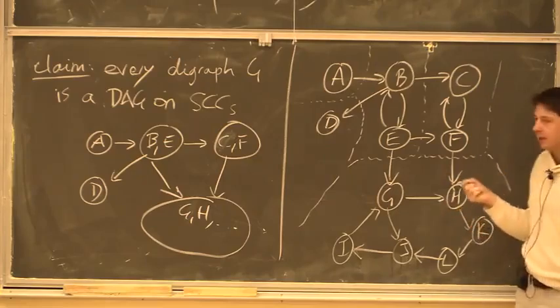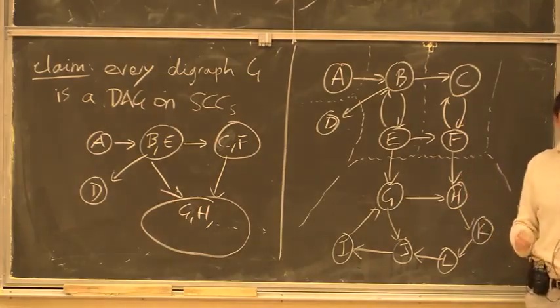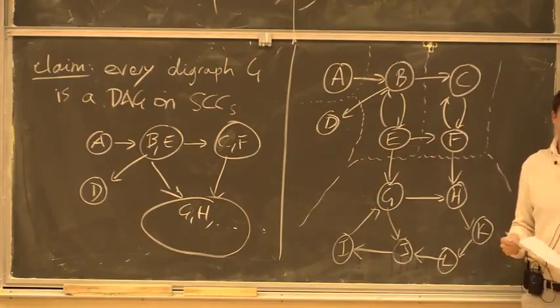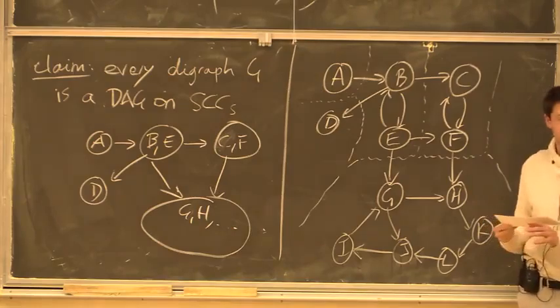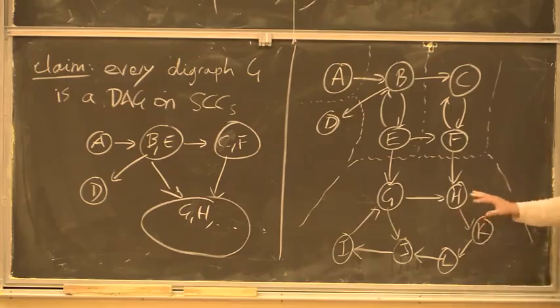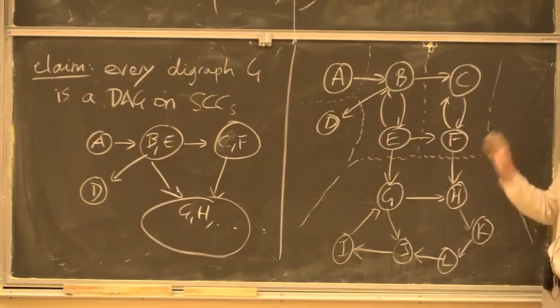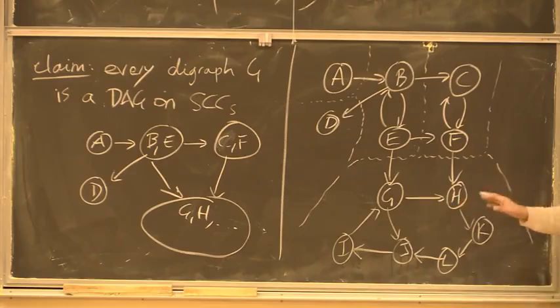So this intuition tells me that if somehow I'm able to run explore on a sink SCC, SCC stands for strongly connected component, and if I start from a sink one, then I can find it all and then remove it, right? Here's an idea. Let's say that somehow I have a way of finding some node in a sink strongly connected component. I found it by magic. We don't know yet how.